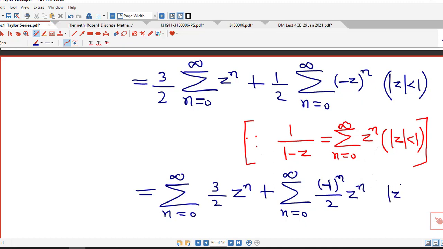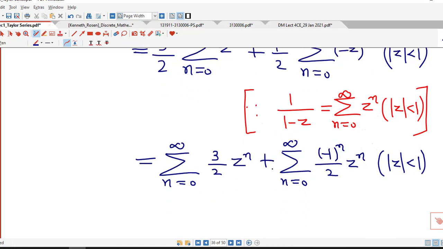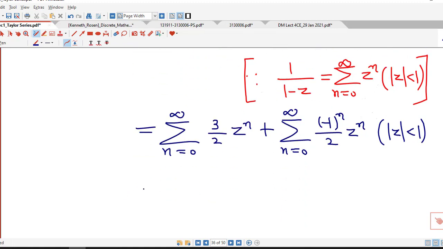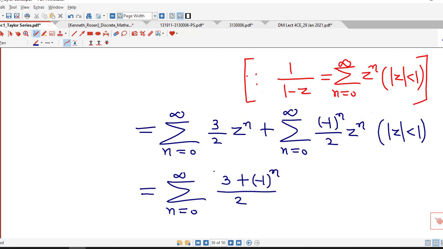Both the series are valid in the open disk mod z less than 1. And again we can combine these two summations. Both are from n equal to 0 to infinity, and we have z raised to n also, so we can write 3 by 2 plus (minus 1) raised to n by 2, that we can rewrite as (3 plus (minus 1) raised to n) divided by 2 into z raised to n, and this is valid in the open disk mod z less than 1.